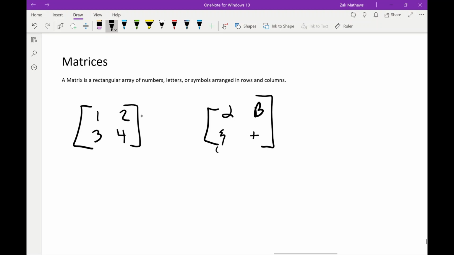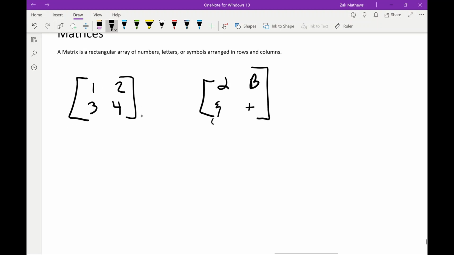So let's go ahead and use a matrix to help us solve a system of equations. I'm going to start just by writing down a system of equations. So we have the equation x minus y plus 2z is equal to 9. We have x plus 2y minus z is equal to 6.